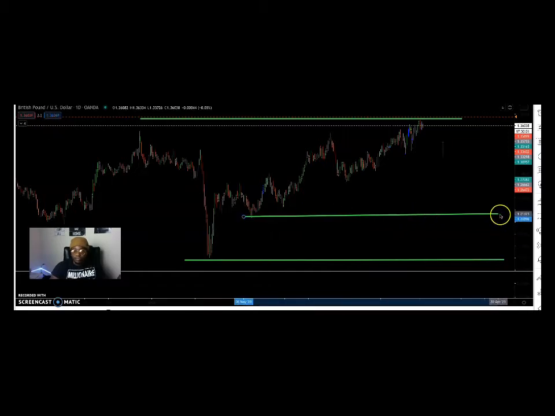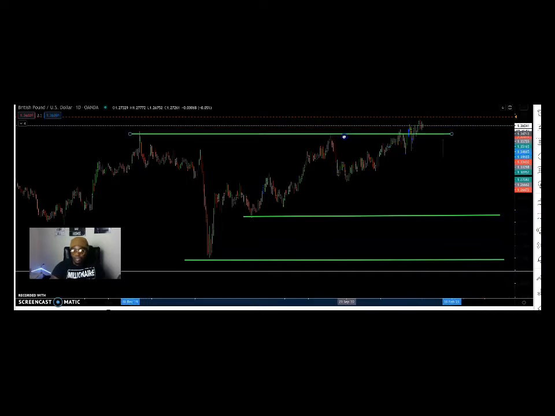And as you can see, it never came back. It bounced off of this level. All right, it went up. And at the time, this was a resistance. This was a support.